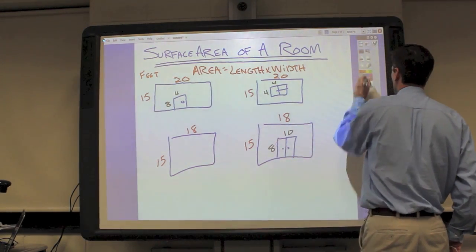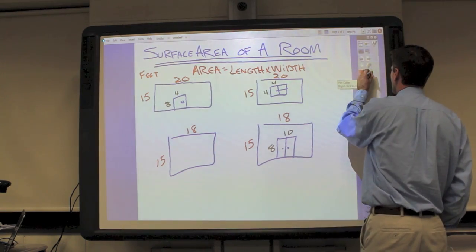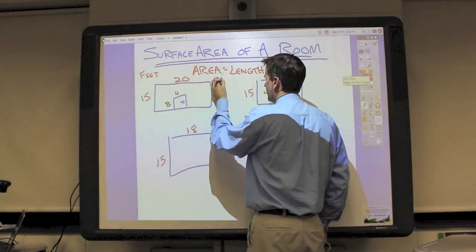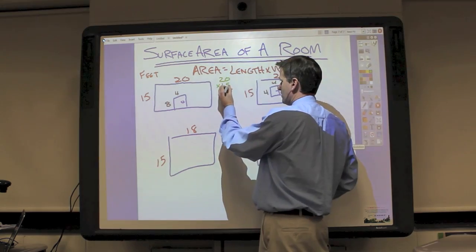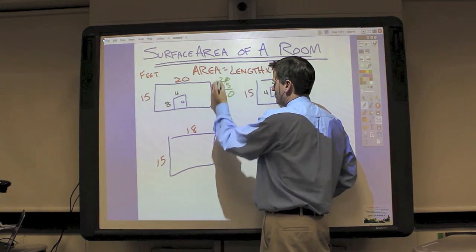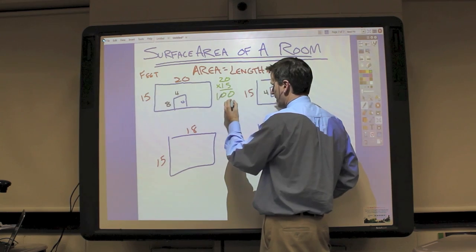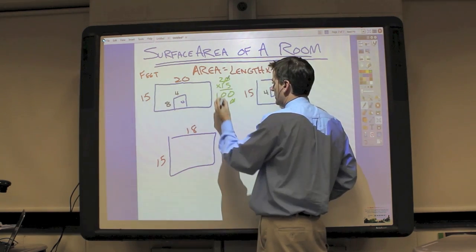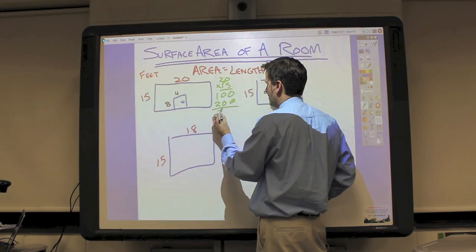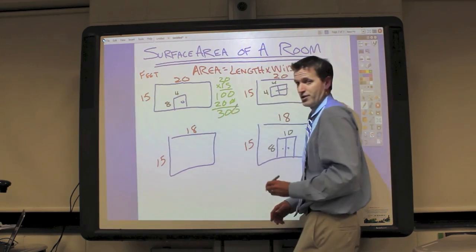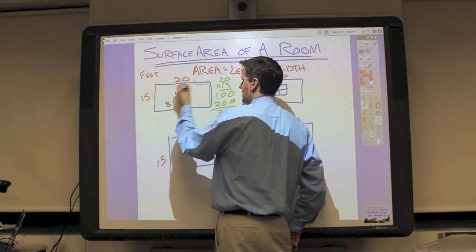So now we're going to start off with our first wall, which is a 20 by 15. I times those together. 5 times 0 is 0, 2 times 5 is 10. I put my magic 0 in here. I do 1 times 0 is 0, 1 times 2 is 2, and I have 300. Again, that is the entire wall.